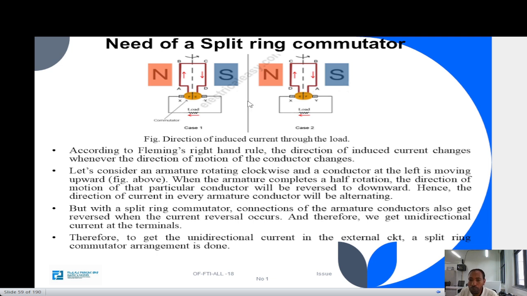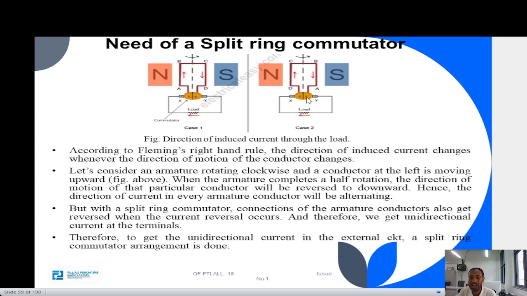But if you see, the position of this commutator segment is not changing, because here the AB segment is connected to F and the AB segment is connected to F. So with a split ring commutator, the connection of the armature conductor also gets reversed when the current gets reversed. It means when current reversal occurs, commutator segment reversal also occurs. And therefore we get the same direction of flow of current.